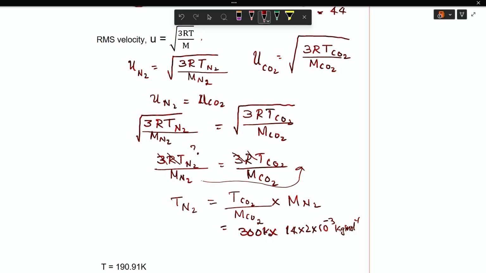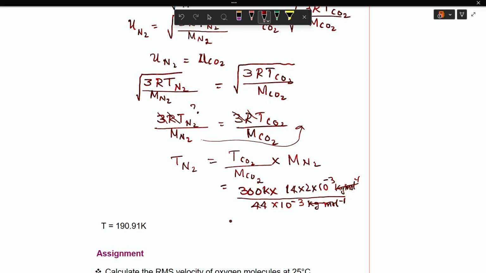This is Kelvin temperature divided by molecular mass, 44 into 10 to the power minus 3 kilogram per mole. Okay, kilogram per mole cancels, both get cancelled, and finally, when you solve for the answer, the unit will be in Kelvin.